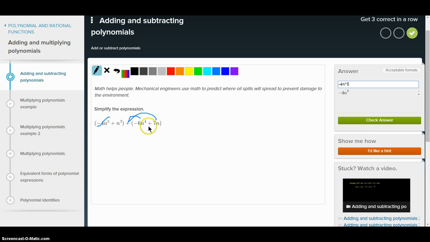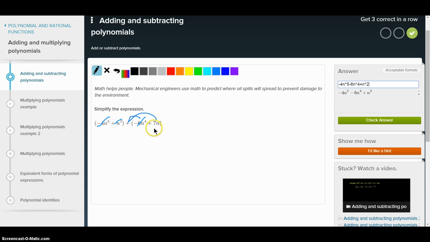Then we have n to the 4th, and there's nothing else to combine, so it's just itself. So minus 6n to the 4th, and that one is done. And then plus n squared. There's no other n squared, so we have a plus n squared over here.